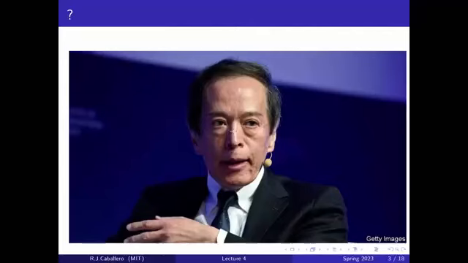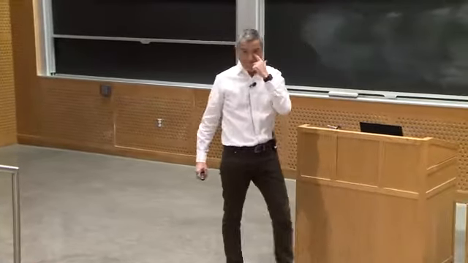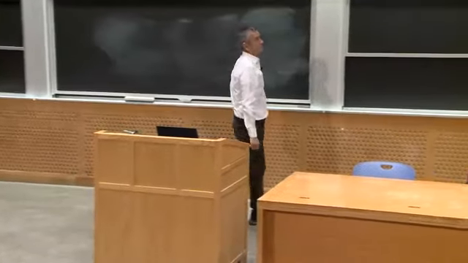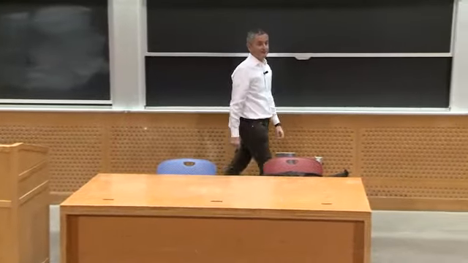A little trickier. Who is this? No, that's cheating. Kazuo Ueda, he's the next president of the Bank of Japan, the central bank of Japan. There are many interesting things about him, but he's a graduate from our PhD program, which is an incredibly successful program at producing major central bankers.